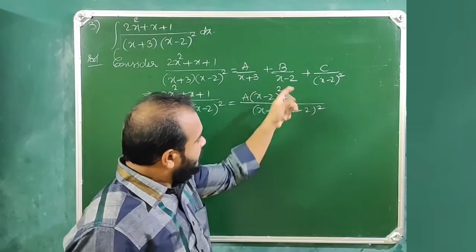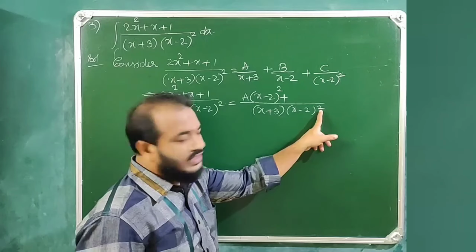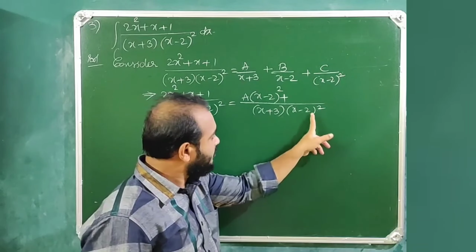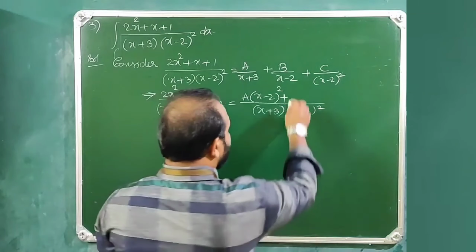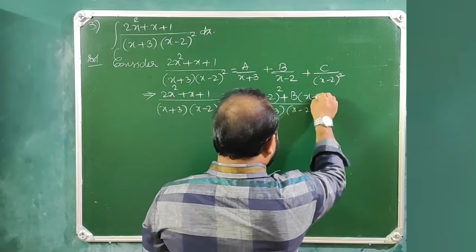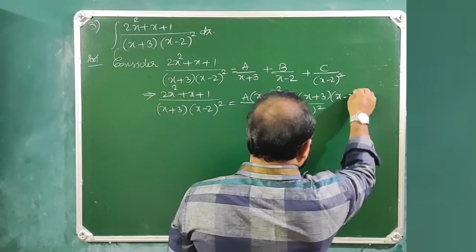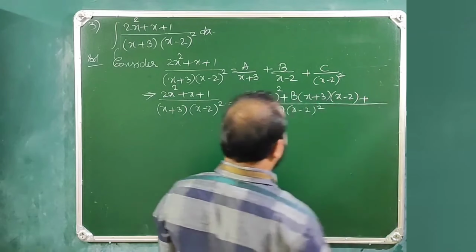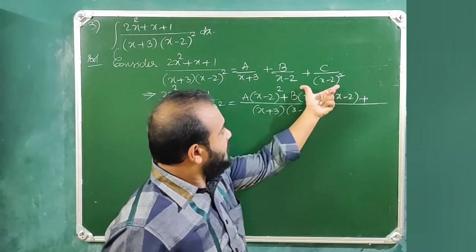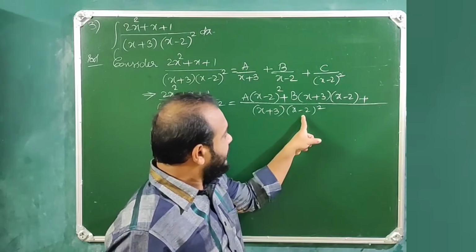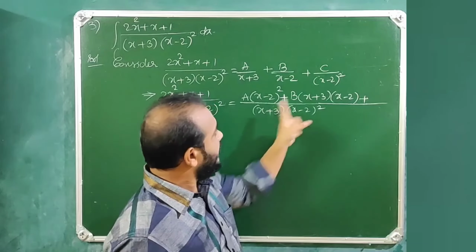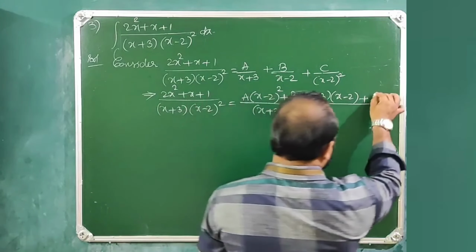For the next term, x minus 2 cancels one time, so b into x plus 3 into x minus 2, plus. For the last term, x minus 2 whole square gets cancelled, so we are left with c into x plus 3.